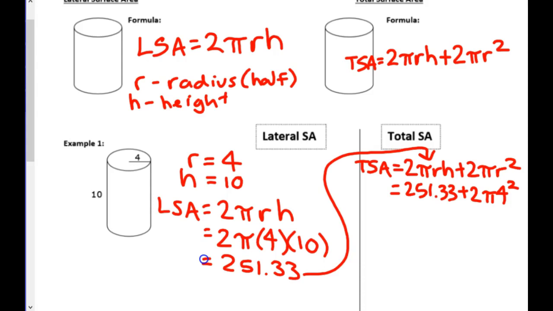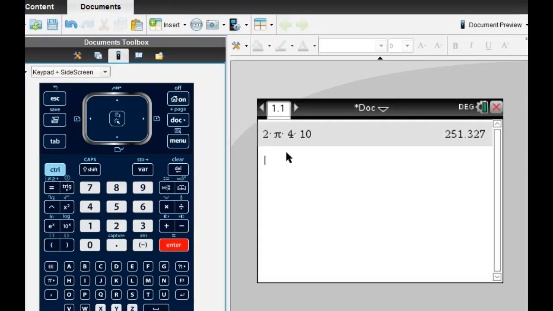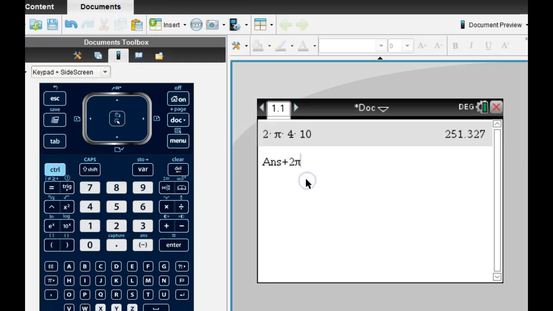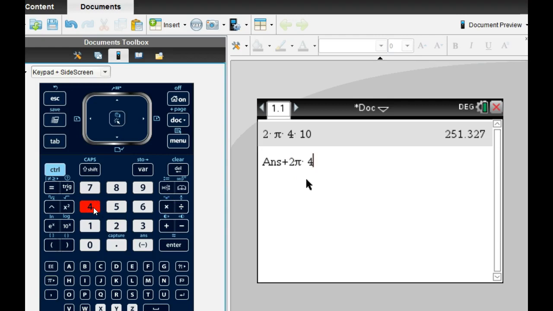So, let's go to our calculator. We're going to take what we already had, and we're going to add 2 pi 4 squared. So, all I'm going to do is hit the plus sign. 2 pi times 4. And y'all know the squared button's right next to that 4? 2 pi 4 squared.